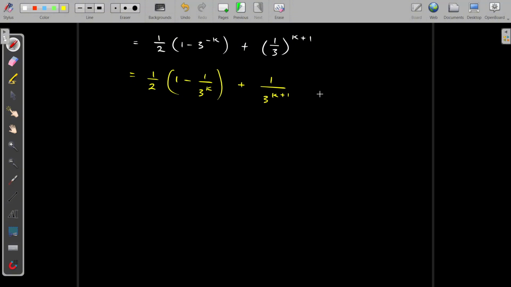So let's see how we can combine these. So if we're looking at an LCM, I think I'm going to distribute the half.